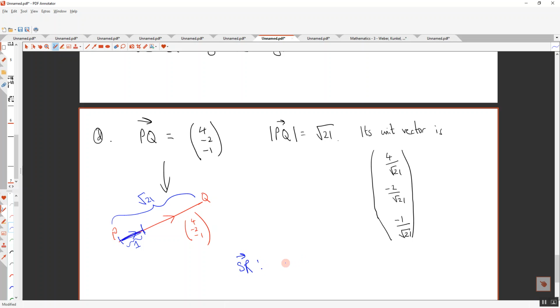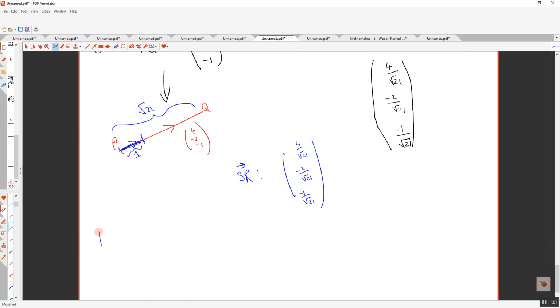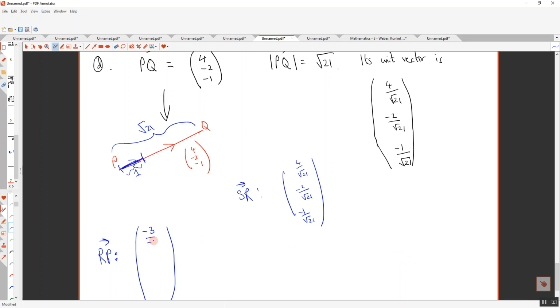For S to R, the unit vector is going to be 4 over the square root of 21, negative 2 over the square root of 21, negative 1 over the square root of 21, and R to P, the unit vector for this is, well, the vector is negative 3, and we're going to divide it by the magnitude of R to P, square root of 14.